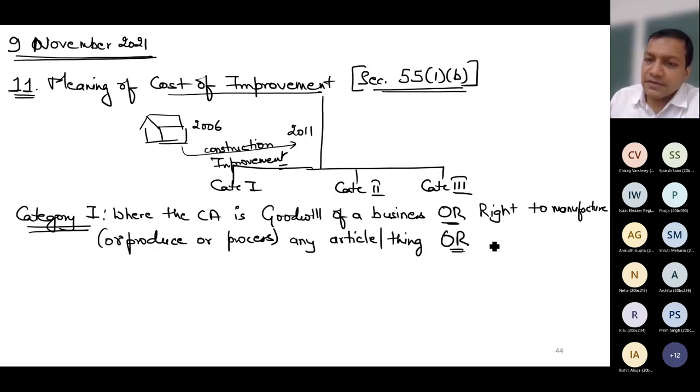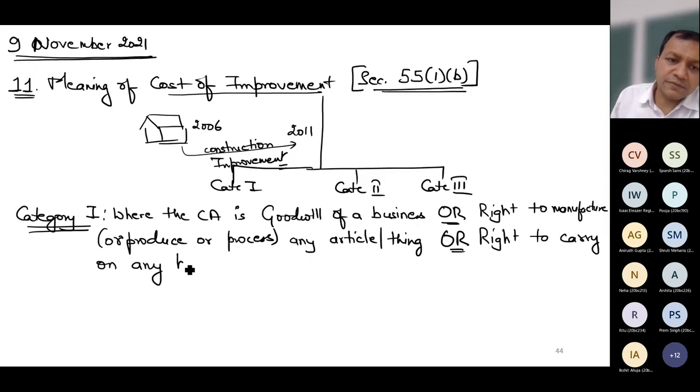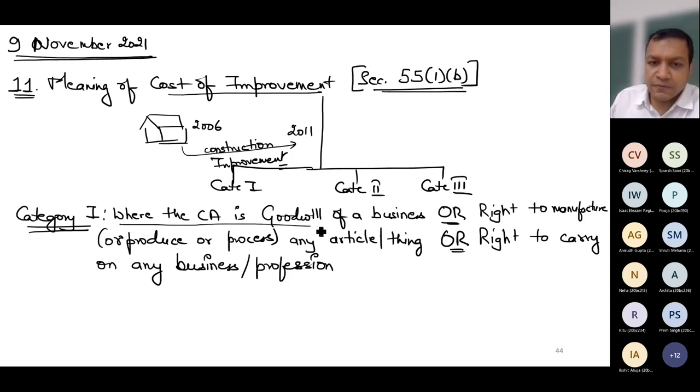And last is right to carry on any business or profession. So this category has these 3 different assets.